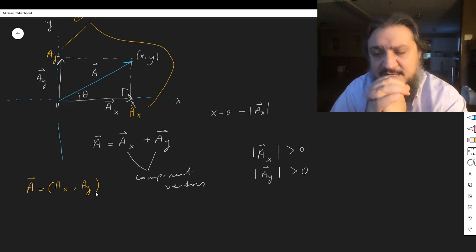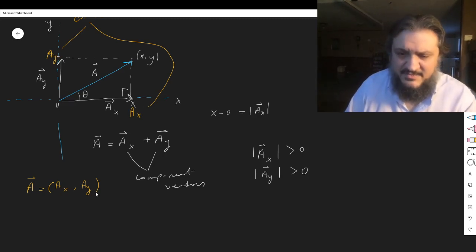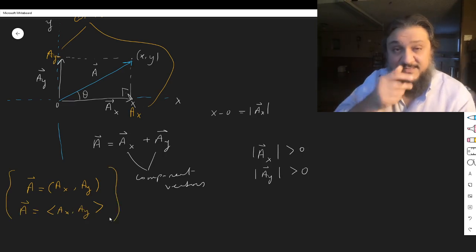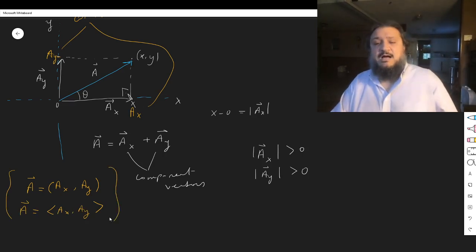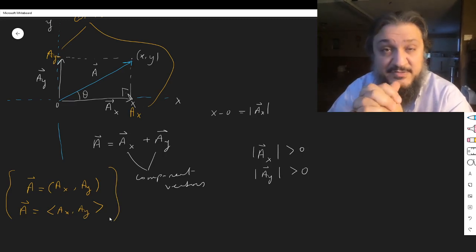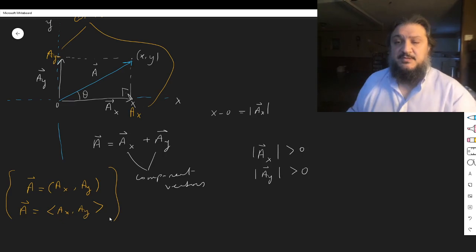(AX, AY) still represents a vector, and you will sometimes even see brackets instead of parentheses, like this, [AX, AY]. That also means a vector. It just depends on who's writing the book. I will not use these that often. Actually, there's a better notation, which I'm going to use, called unit vectors. But yeah, that's the components.